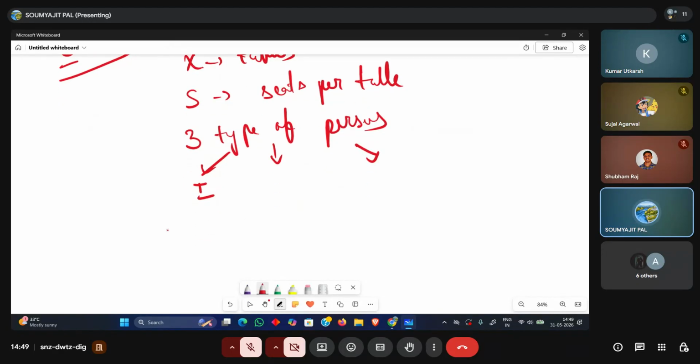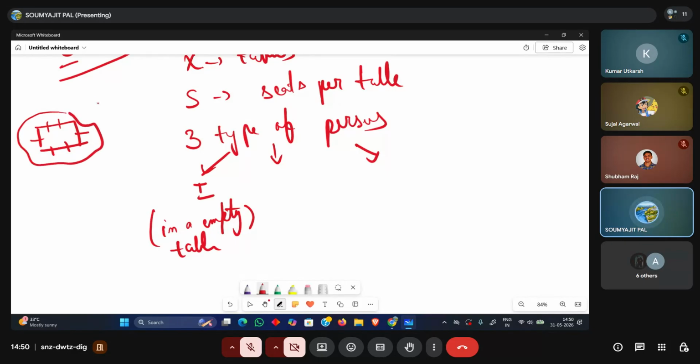Introvert wants to sit at an empty table. If he wants to sit, he must sit at an empty table. Suppose this is a table and there are S seats per table. This must be empty only then an introvert can sit here. And an ambivert can sit anywhere, whether the table is empty or non-empty. Another one is the extrovert.